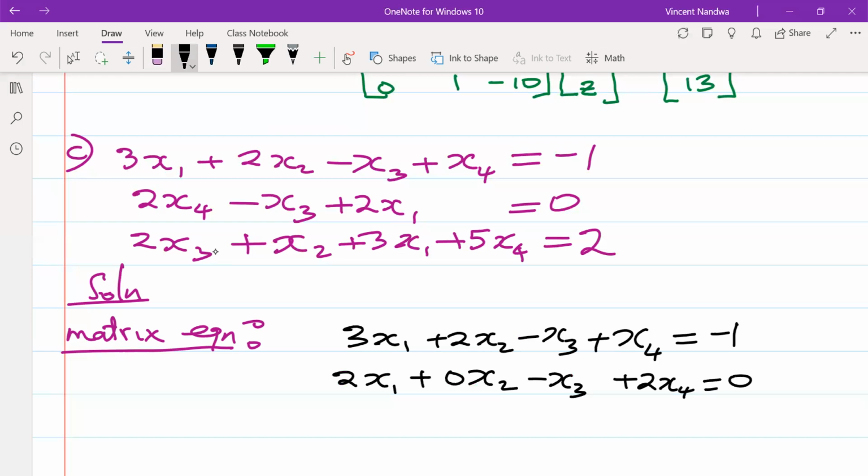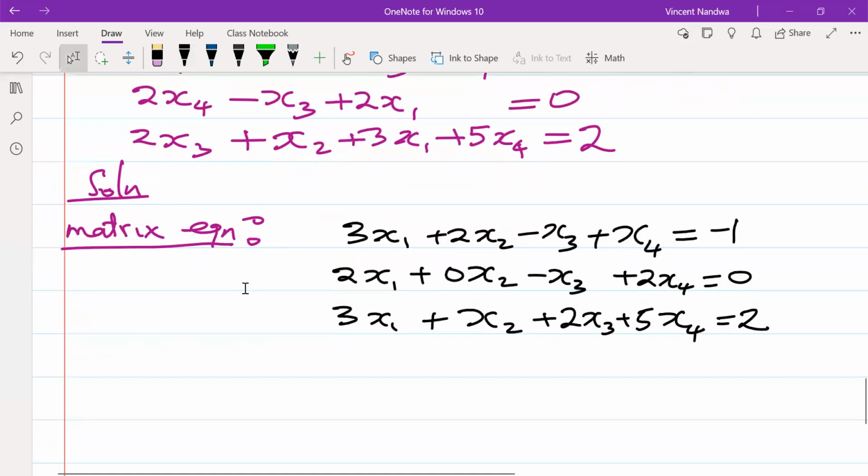Third equation, x1 plus 2x2, or just x2. x2 is just having coefficient 1. And then x2 plus 2x3 plus 5x4 equals 2. So that's the first step.